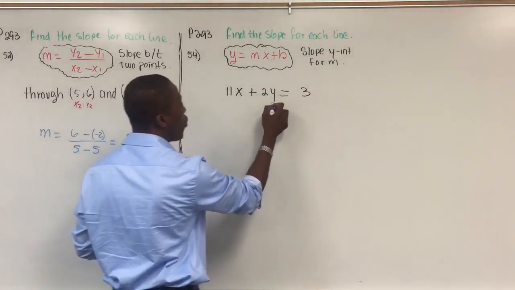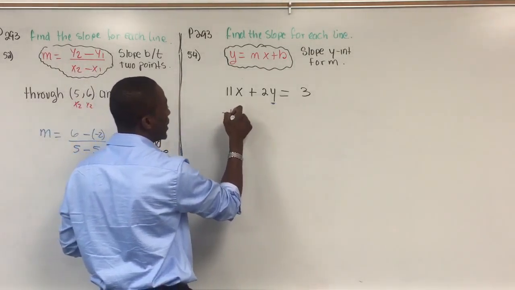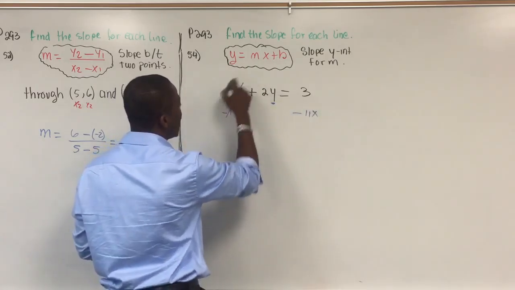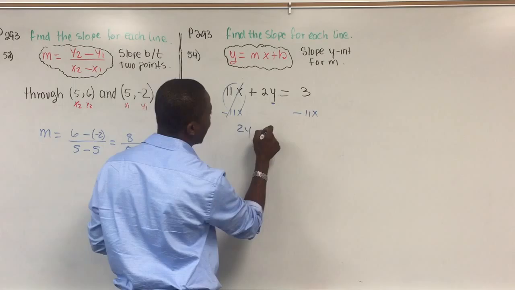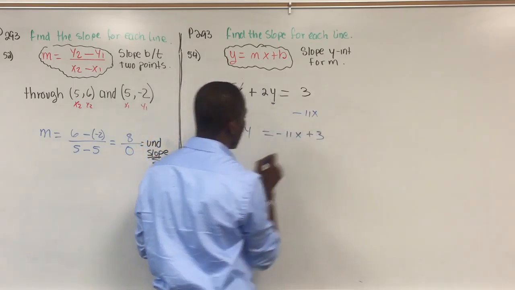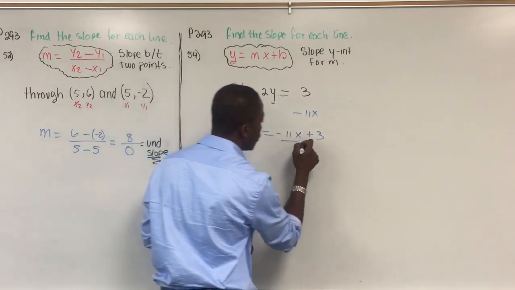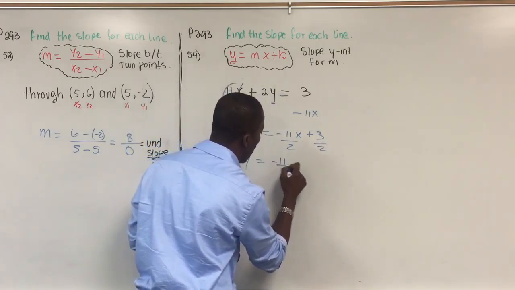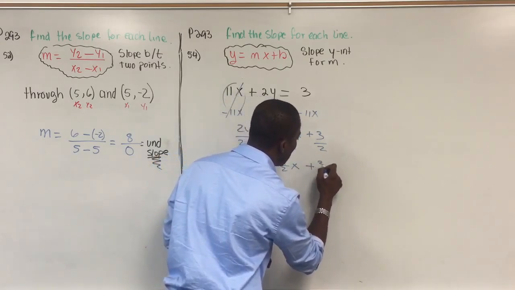So we're gonna solve for y here. We're going to say minus 11x and minus 11x. This cancels out, and we'll have 2y equals minus 11x plus 3. Divide everything by 2, and then y equals negative 11 over 2 x plus 3 halves.